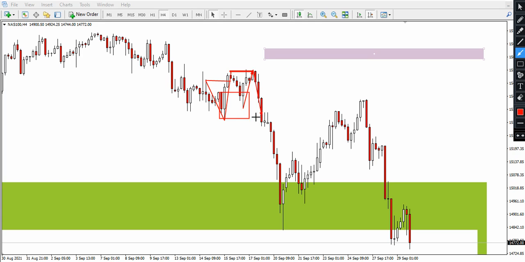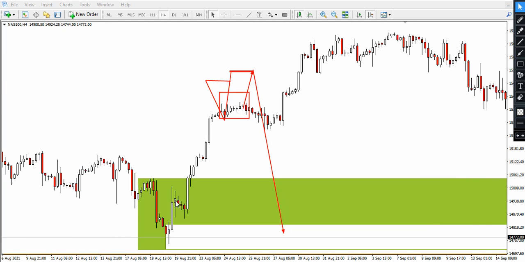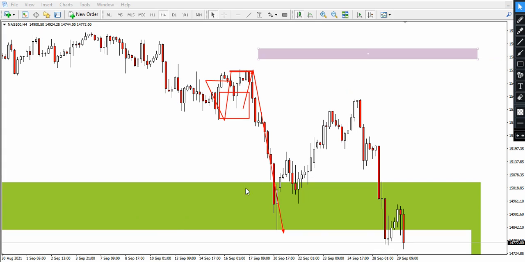And then it came down, and then it did what? It violated this mitigation block here, and then it came down to what? To an order block that was left here. Price respected this order block after it violated this.